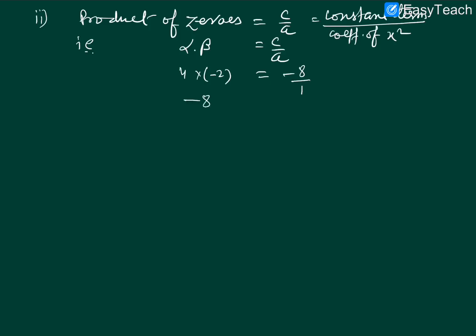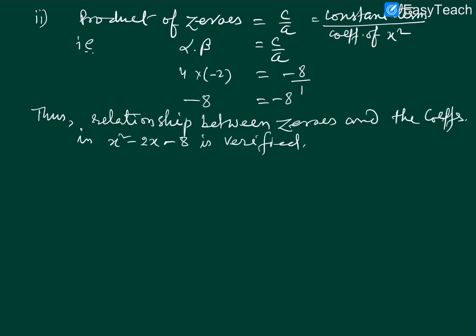So, this becomes minus 8 is equal to minus 8, both sides equal. Thus, the relationship between zeros and the coefficients in x square minus 2x minus 8 is verified.